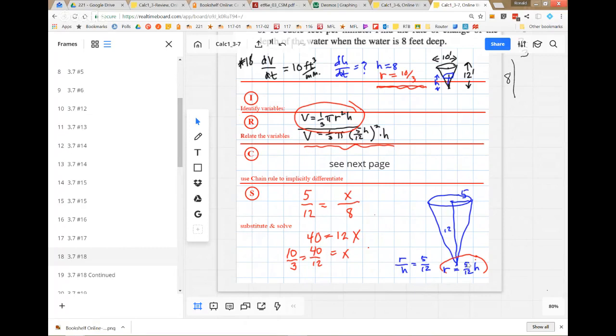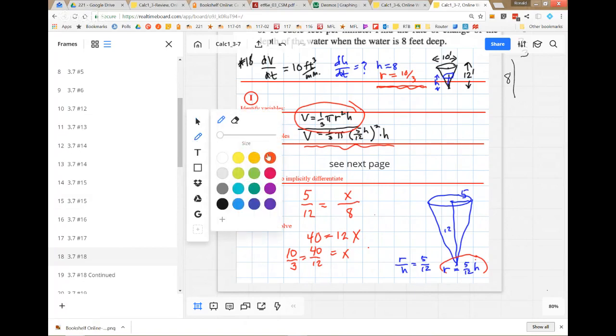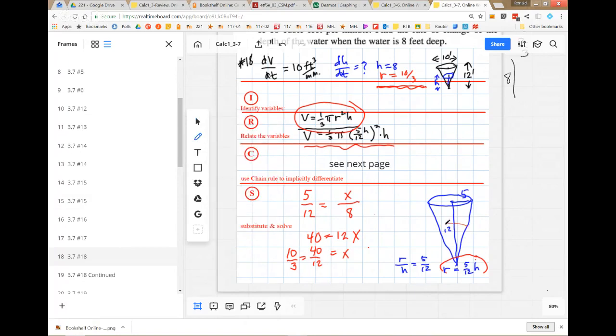So the question is, what's going on when the water height, let's say, is right there? Well, that radius is going to be 5/12 of whatever this height is.